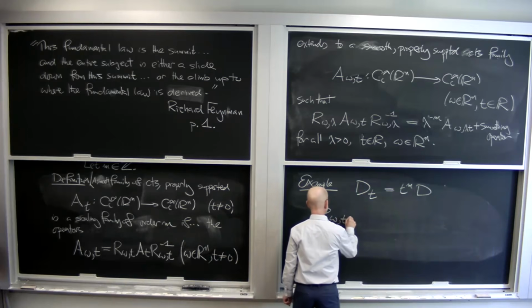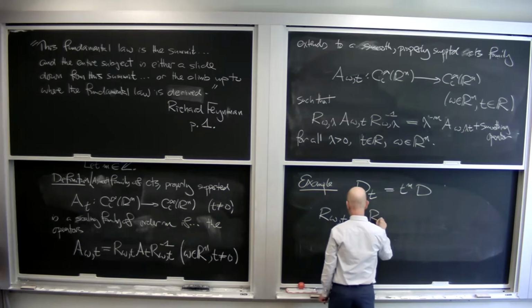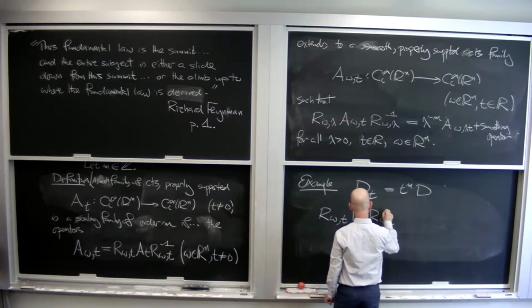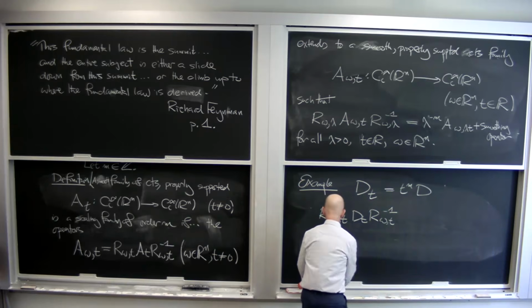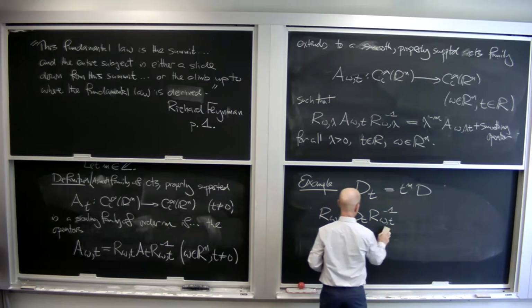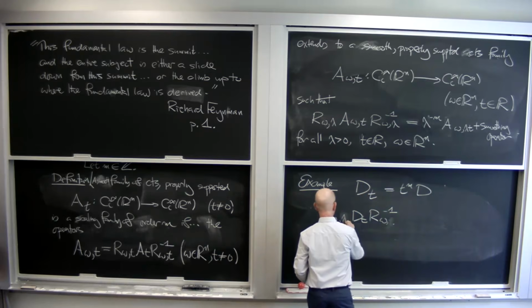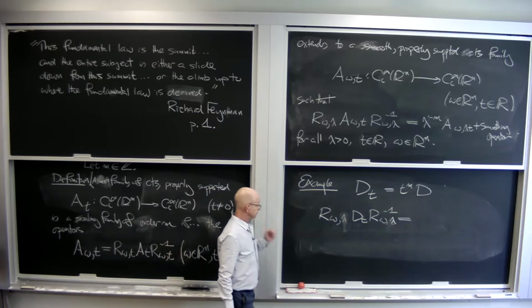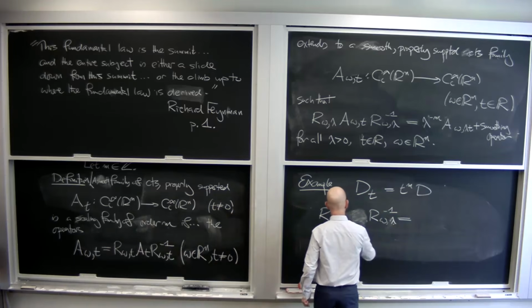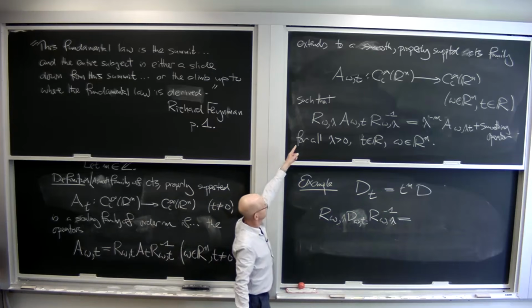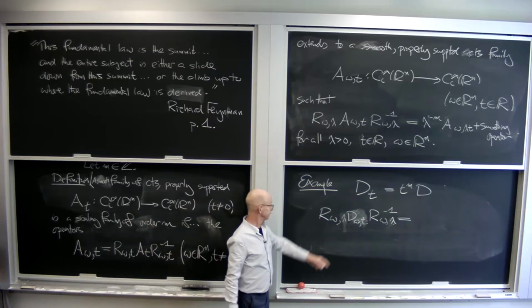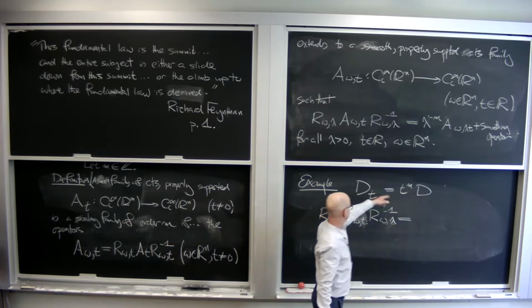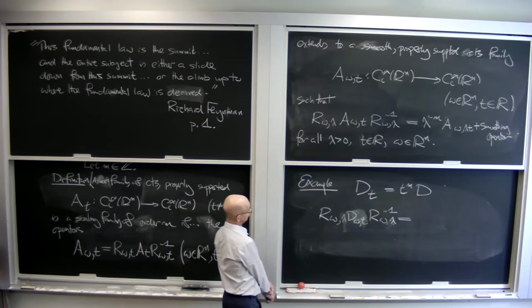Well, r omega t of D_t r omega t inverse, I should have called two of those t's lambdas. I'm trying to check this strange transformation law. And in the case where D_t is obtained from a single differential operator, and of course D omega t is obtained from this conjugation formula.